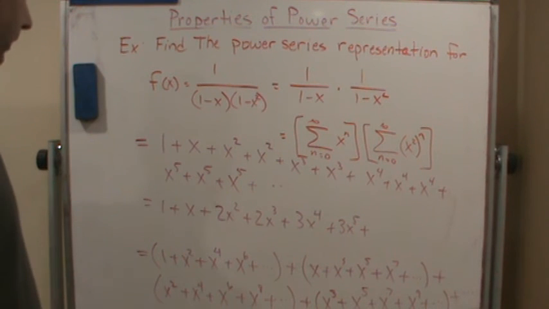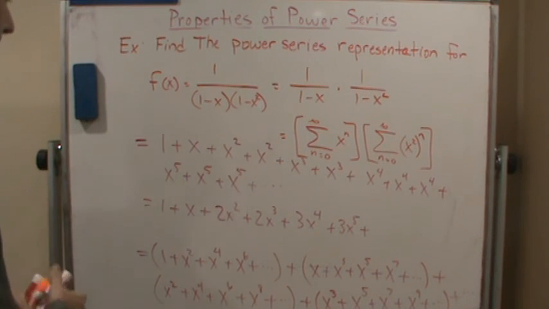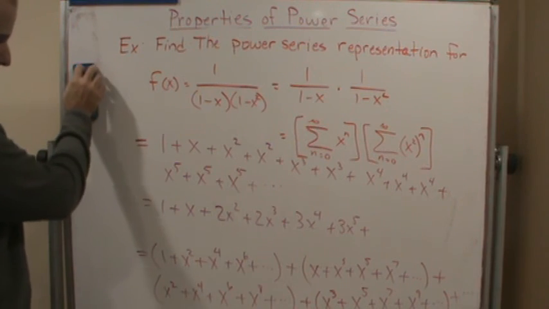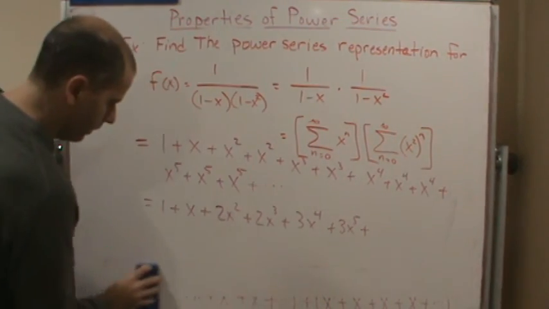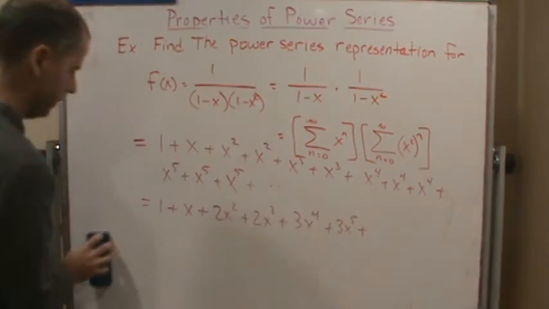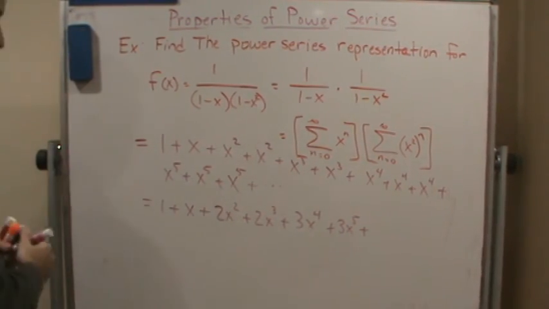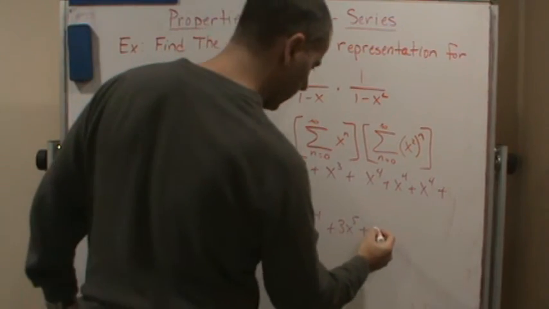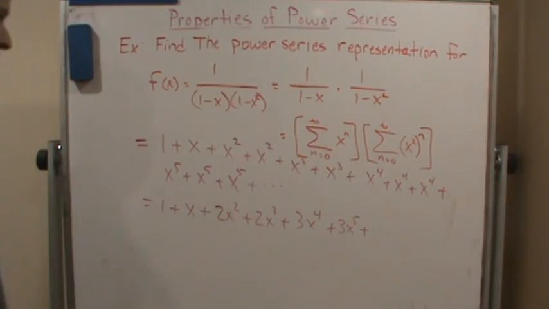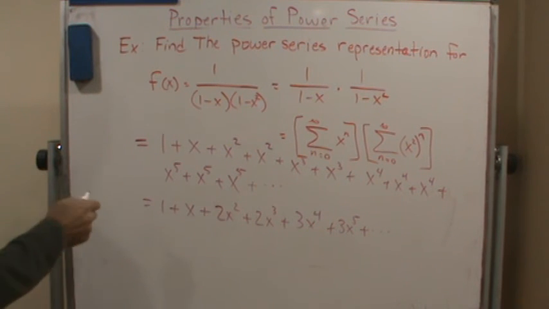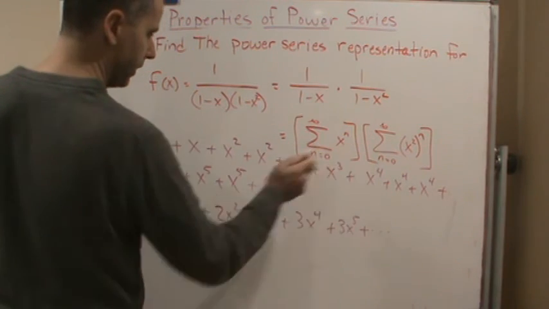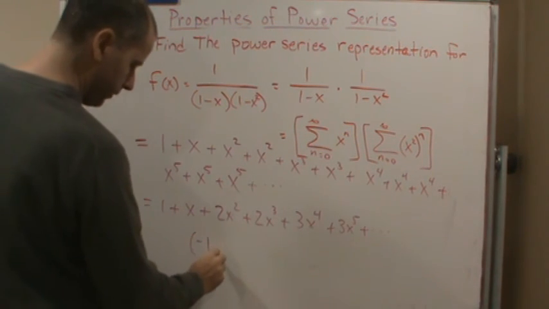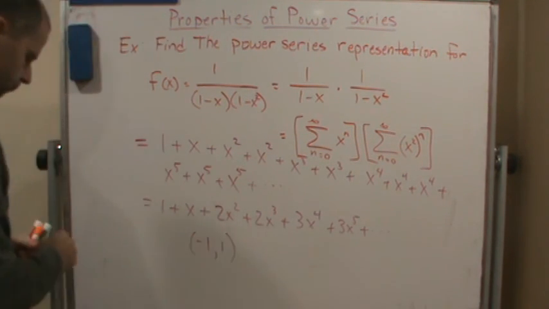So now this is going to be the series, and it keeps going like this. Now because of the series, we know that this has an interval of convergence, because these two series have an interval of convergence of -1 to 1.